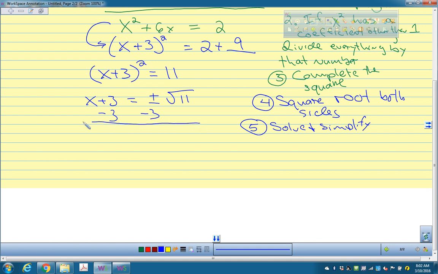I want to keep the 3 in front, and I write it as x equals negative 3 plus or minus the square root of 11, which really means x equals negative 3 plus the square root of 11, or x equals negative 3 minus the square root of 11. That's what completing the square looks like.